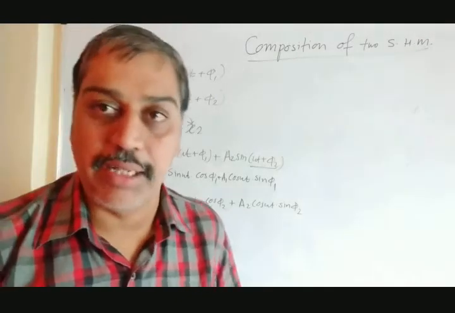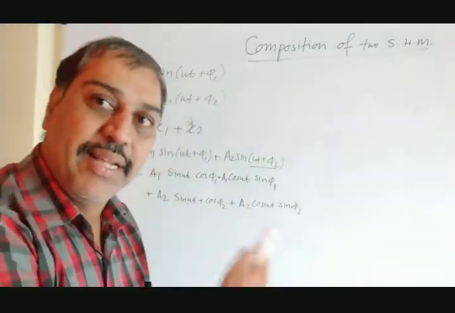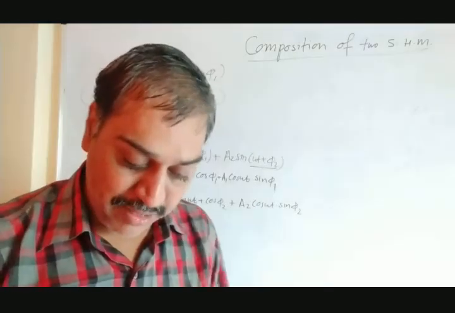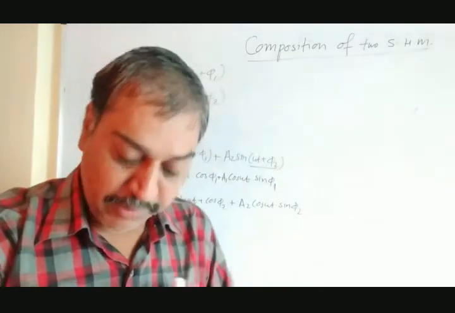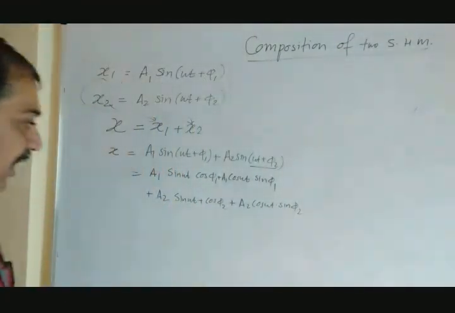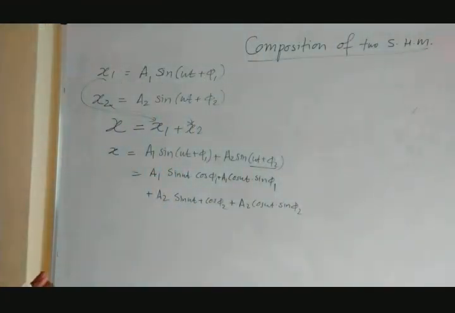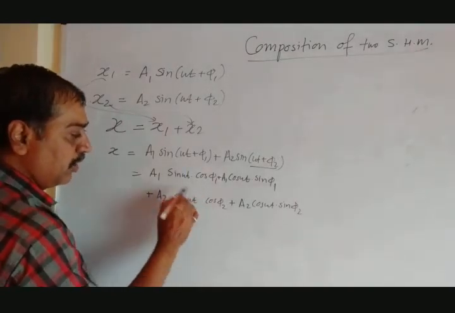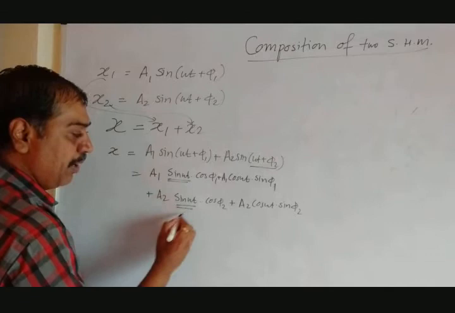Those who don't have mathematics, don't worry. These are basic formulas we learned in 9th and 10th standard, sine of a plus b. So we get this type of equation. Now we can write the same thing: take some common terms and rewrite the equation. Here it is sine omega t, here sine omega t, here sine omega t. Take it common.